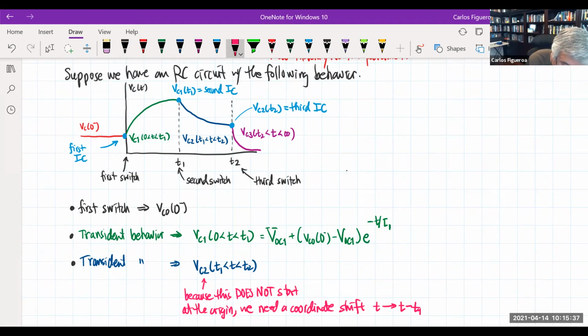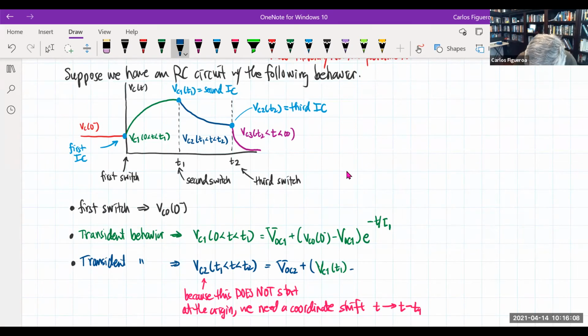So what you're going to see here is that, check this out. So then I need my new VOC. So here I go. I have a new VOC2. Then I need my initial condition. But wait a minute. What's my initial condition? It's from the green interval. In other words, it's got to be VC1 at T1 is going to be my initial condition.